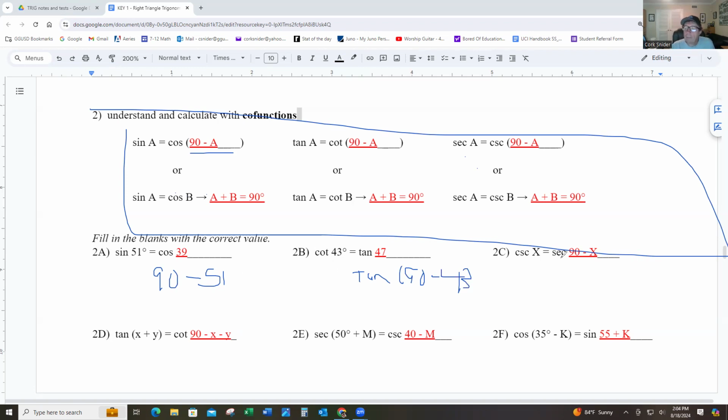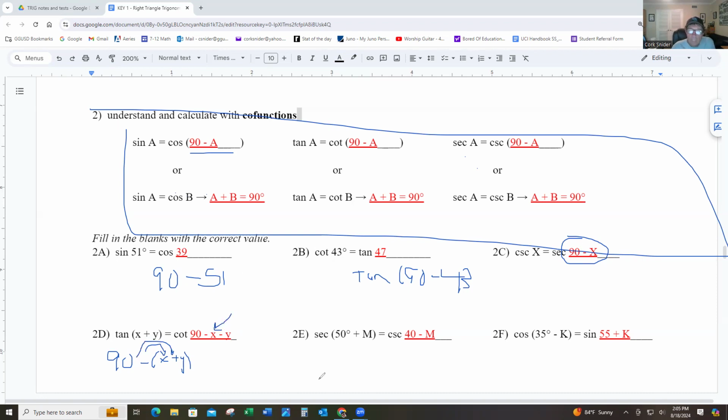Cosecant of x is the same as the secant of 90 minus x. That doesn't make a new number in this case, just makes a phrase, 90 minus x. Same as this one. This comes out like this first, 90 minus x plus y.